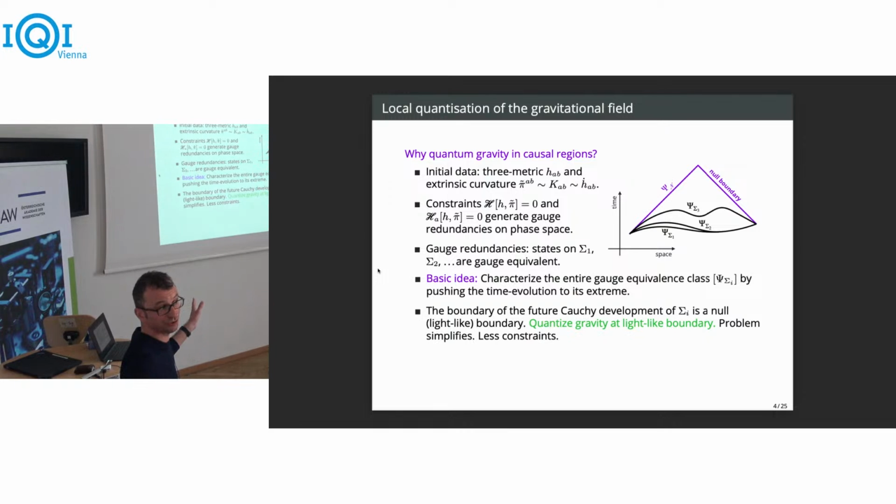But that may not commute with first taking the limit to null infinity and then quantizing. And this may in fact be related to certain infrared ambiguities, I believe, in quantum gravity that appear in the S-matrix approach. So there are two limits, and what I'm saying is it is possible to make sense of quantizing gravity in finite regions.